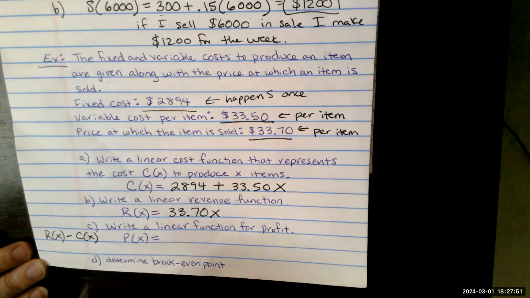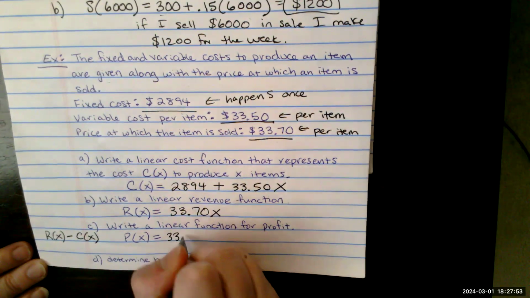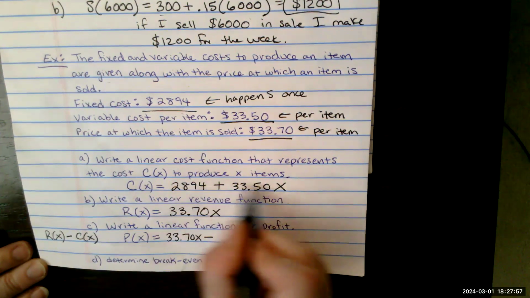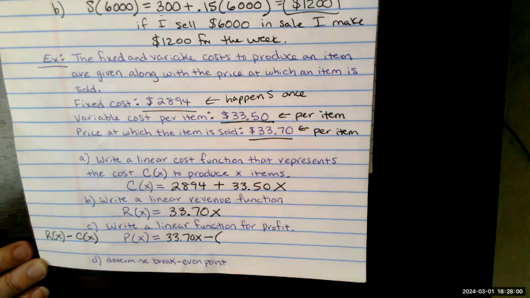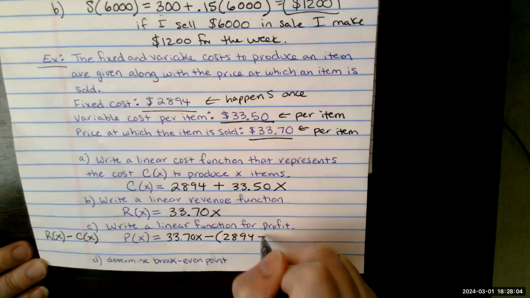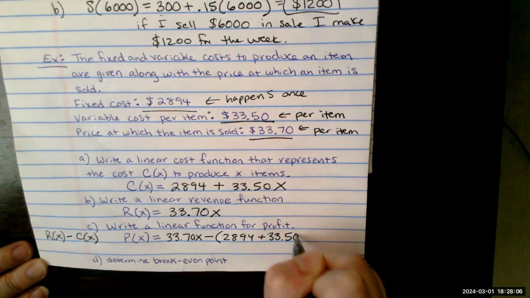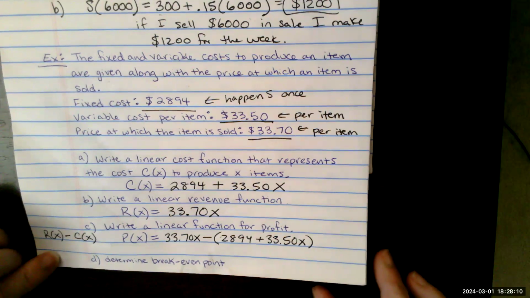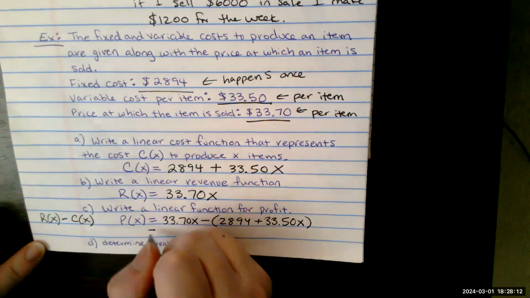So in this specific problem, it's going to be 33.70x minus all of this. So if I have more than one thing to subtract, I need that parenthesis. So revenue minus cost. Let's make that a little easier to deal with.